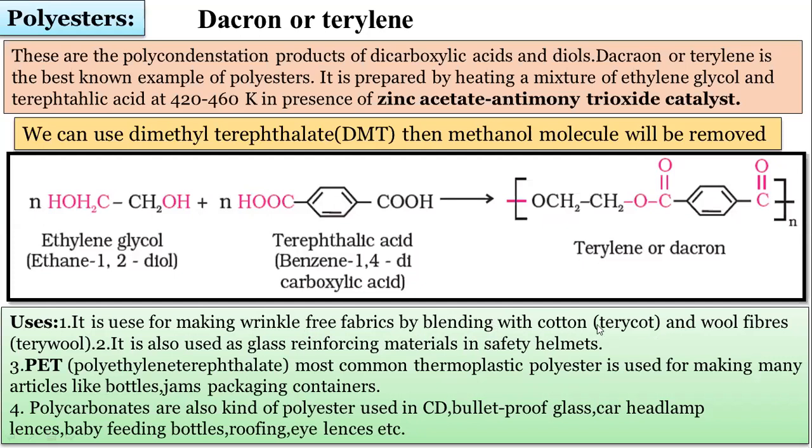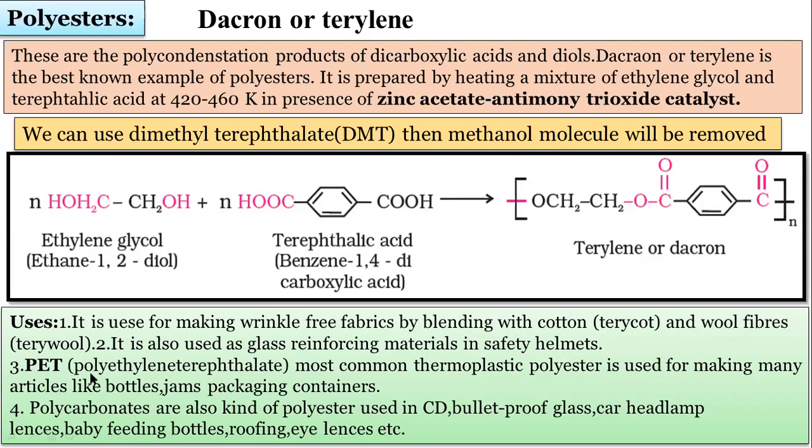So these are blended with cotton as terrycot and also with wool. It is called terry wool, terrycot, terry wool fibers. Then second, it is also used as glass reinforcing material in safety helmets, for hardness.